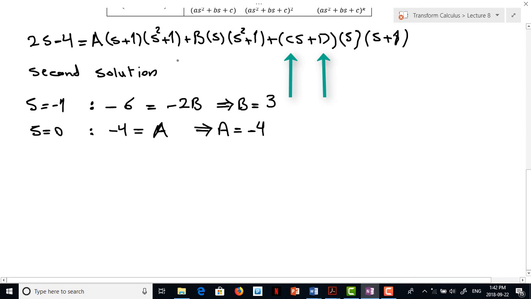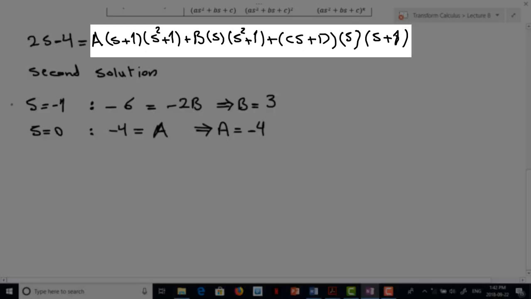So what do I have to plug in this equation to find C and D? If you see here in this equation, we cannot consider any value for s to find C and D directly, because here we have s squared plus 1. S should be equal to a complex number if you want to get rid of the first term and second term.